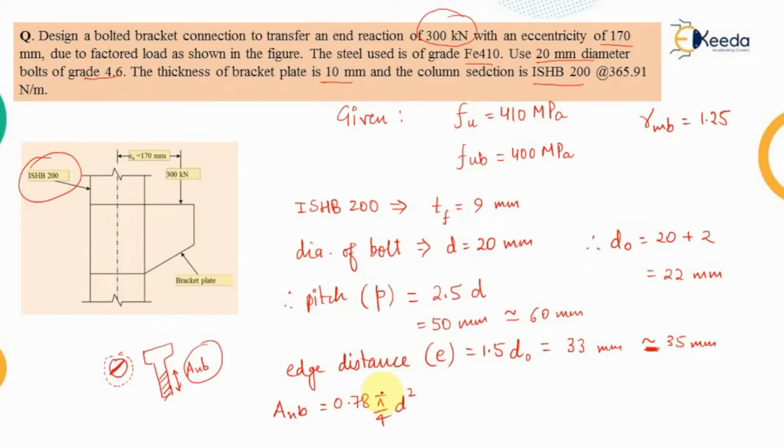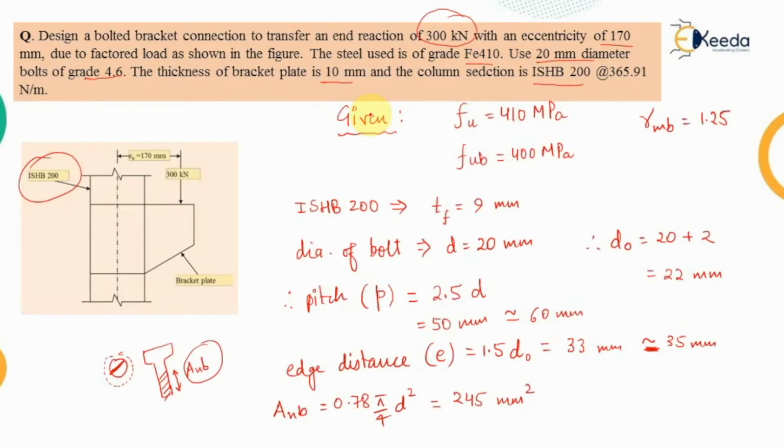That will not be exactly equal to pi by 4 d square because some area has been reduced because of the presence of the threads. So from here, if we do the calculation for a 20 millimeter diameter bolt, we get the net area A_nb as 245 square millimeter. Now this is the data that has been given to us, or that has been inferred from the data that has been given to us.